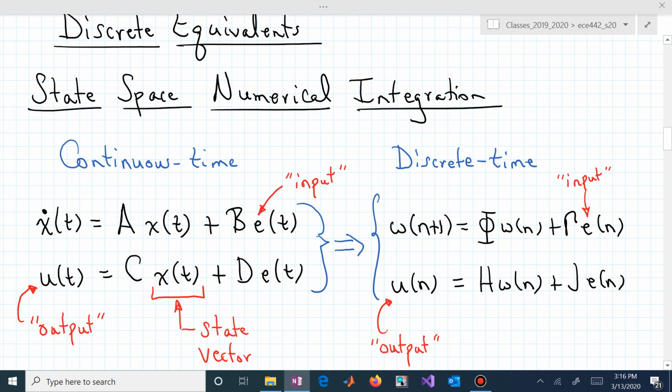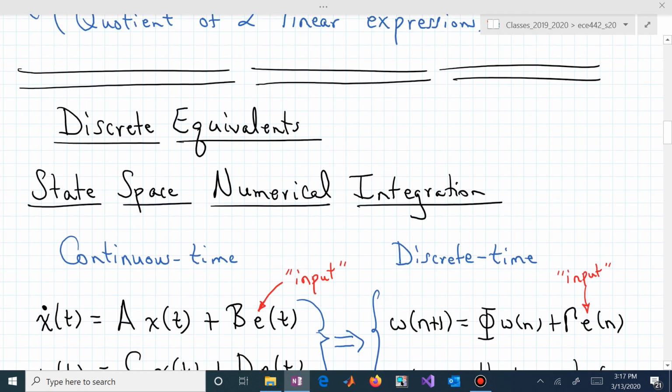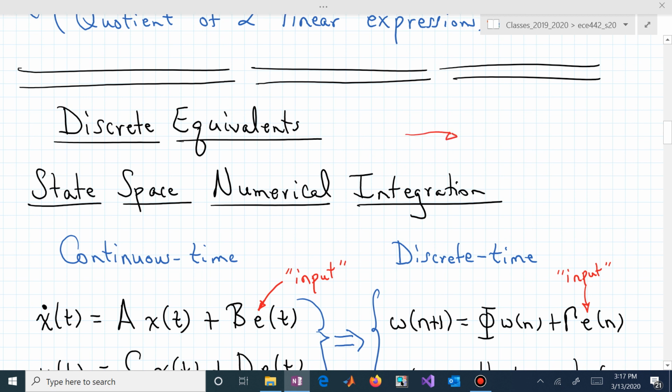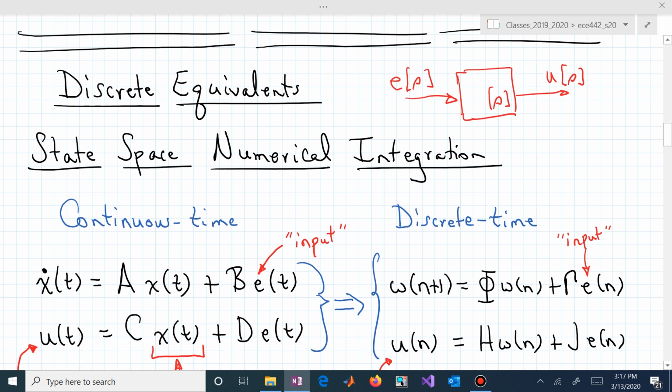We have a system matrix, capital A, we have an input matrix B, and here note that the input I'm actually using is E, and the output is U, so that if you were looking at this in terms of a system, here is our input E, and here is our output U, where this might actually be more, and this is why I don't call it a C or a D, because you're going to get it confused with this C or D matrix.